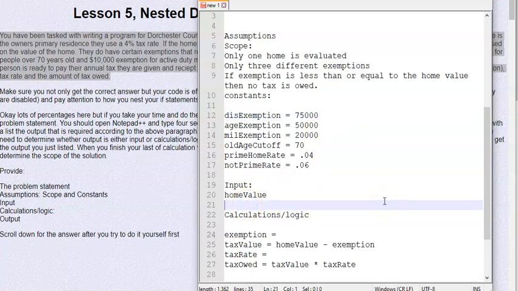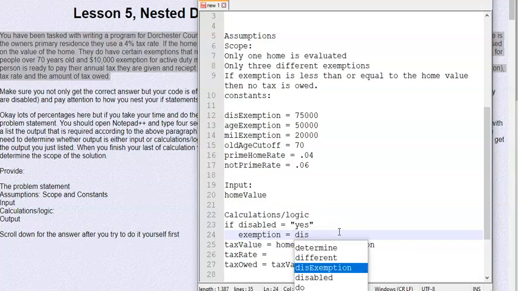So we're going to say that if, push this all over, should be in here. So if disabled equals yes, then the exemption is going to be the disexemption for the disability.